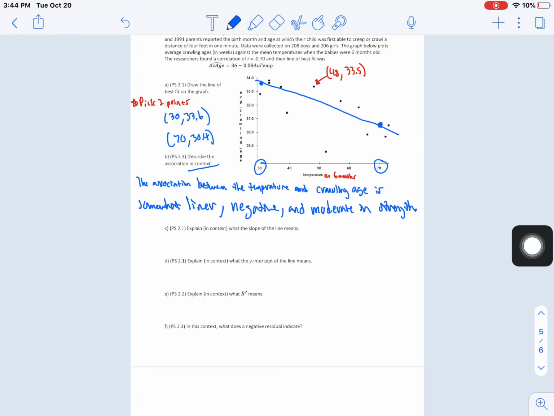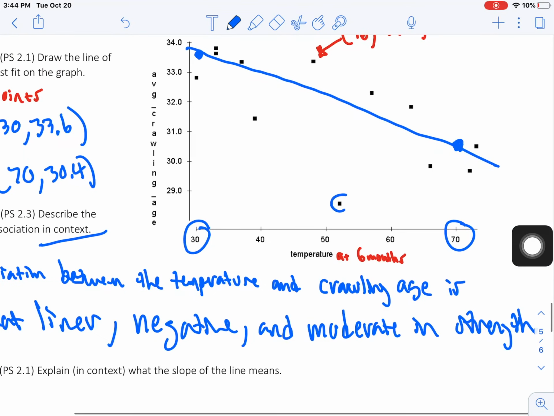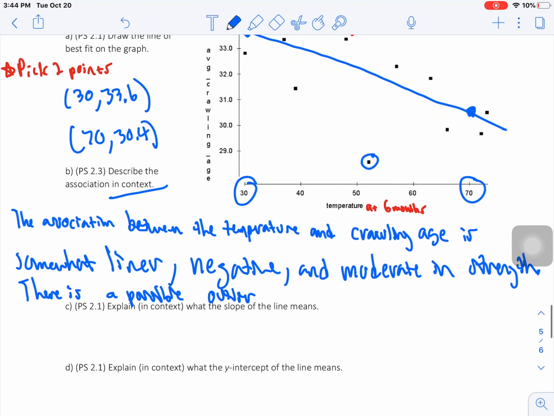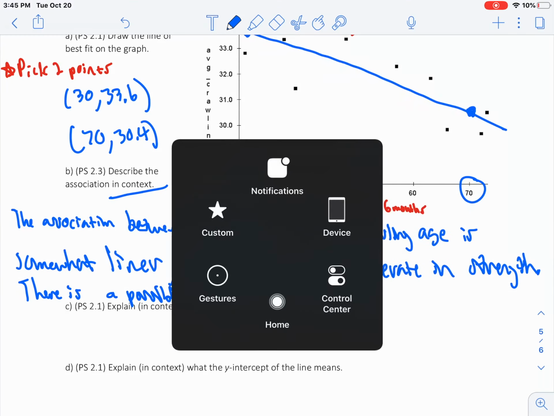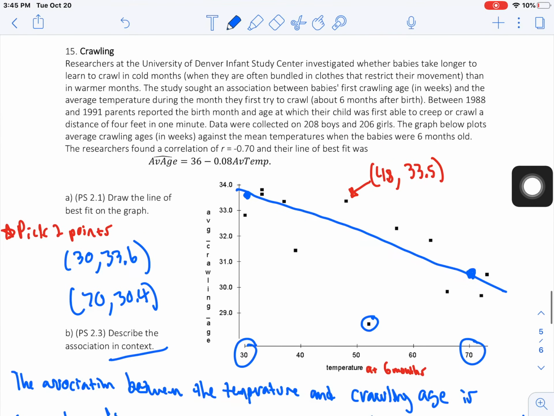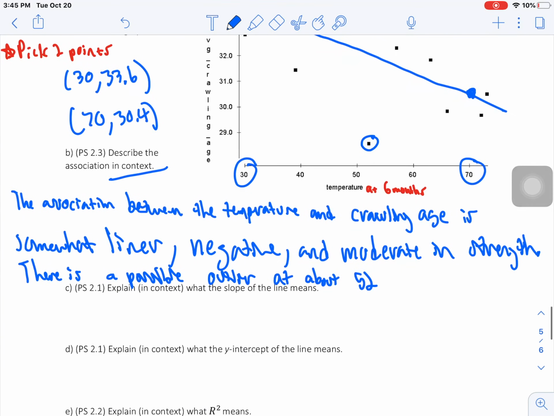We could also mention possible outliers. We can say that it looks just from this data set that maybe this guy might be a possible outlier. So there's a possible outlier at about 52, and they didn't tell us, I'm assuming this is degrees Fahrenheit.